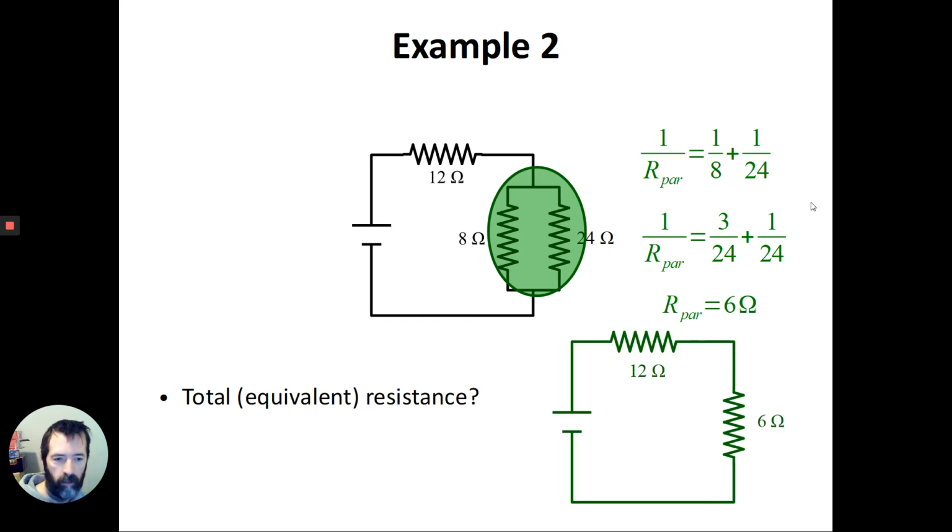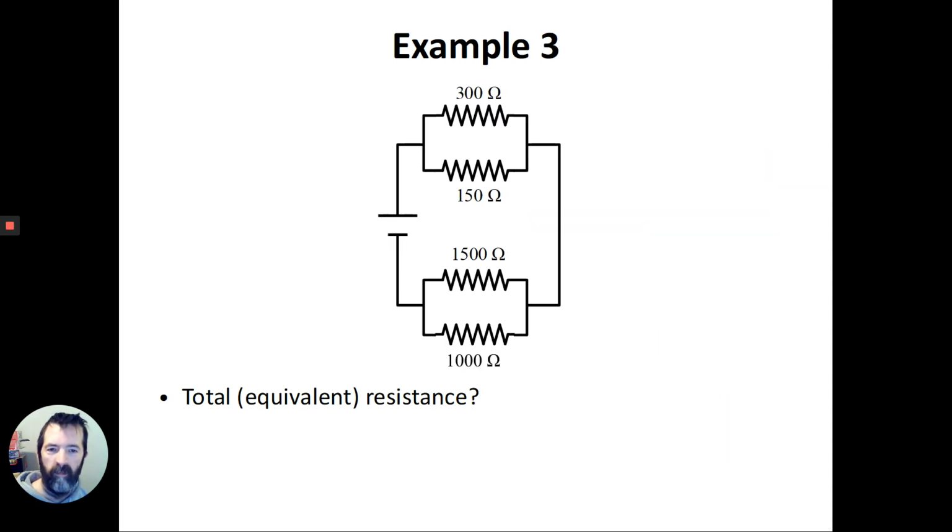So that means this circuit is equivalent to this, and 12 plus 6 is 18. So the total this time is 18. Okay. Change the layout. What we're looking at now, these 2 are in parallel with each other.